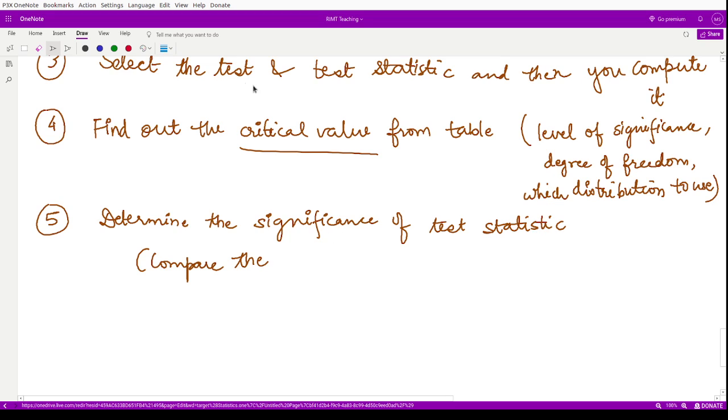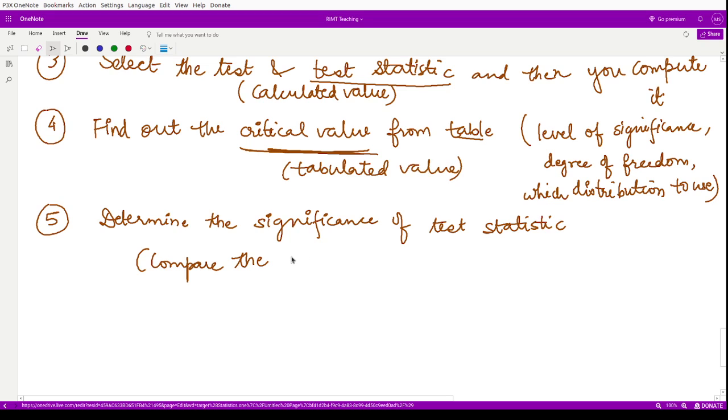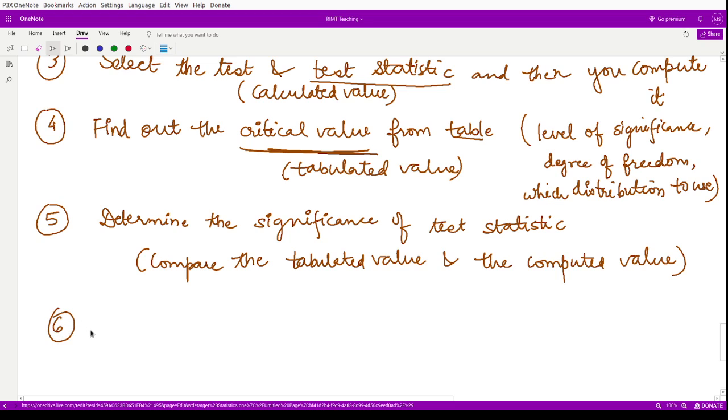So the value in step 3 is known as the calculated value, which you obtain using the formula for test statistics, and then you have the critical value which you obtain from the table. This is known as the tabulated value. So here in the 5th step, you compare the tabulated value and the computed value. So based on this comparison, you will make a decision.